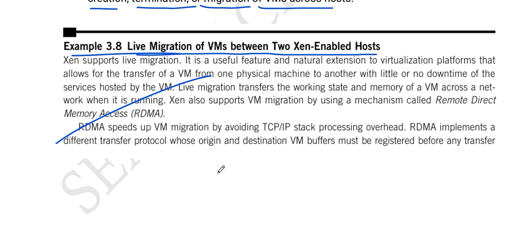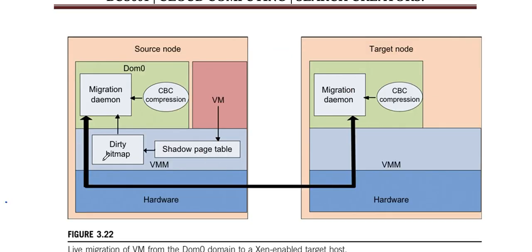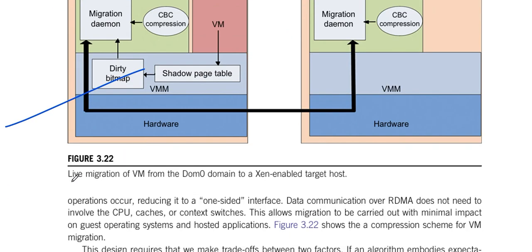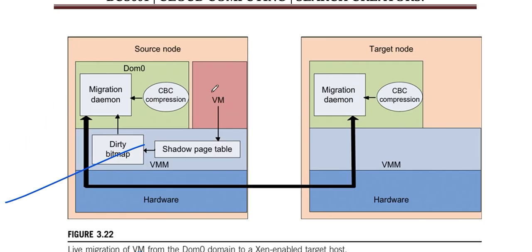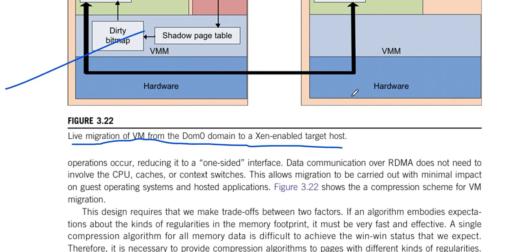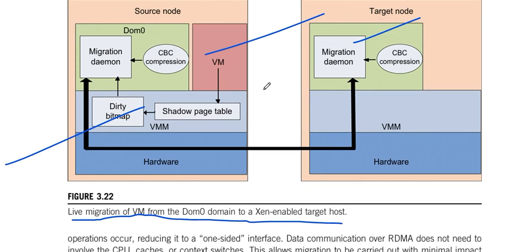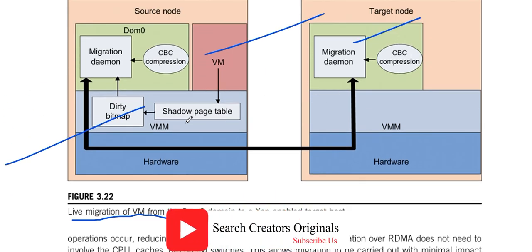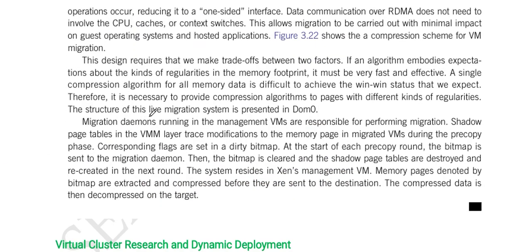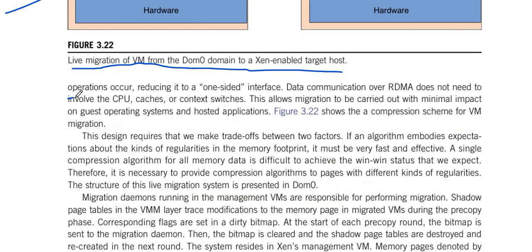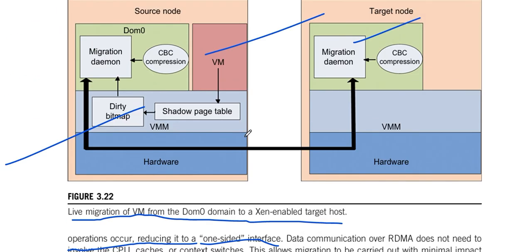Next, in this figure, we can observe the live migration of a VM from the Dom0 domain to a Xen enabled target host, with the source node and target node, and some theory content related to that. Information about the live migration is given in this statement. You can go through this.